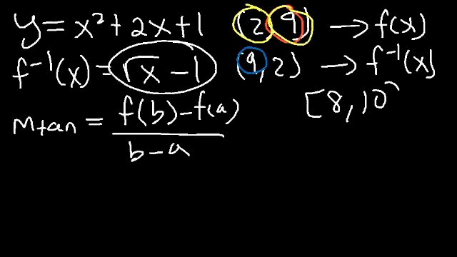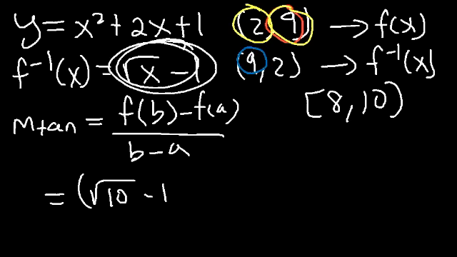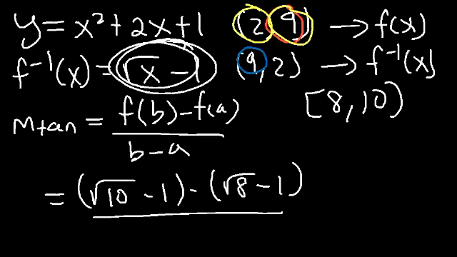Let's use 8 and 10, because 9 is the midpoint of 8 and 10. So we're going to find the slope of the secant line, which should be close to the slope of the tangent line. So this is going to be f of 10 minus f of 8 over 10 minus 8 using this function. So it's the square root of 10 minus 1 minus the square root of 8 minus 1, divided by 10 minus 8, which is 2.